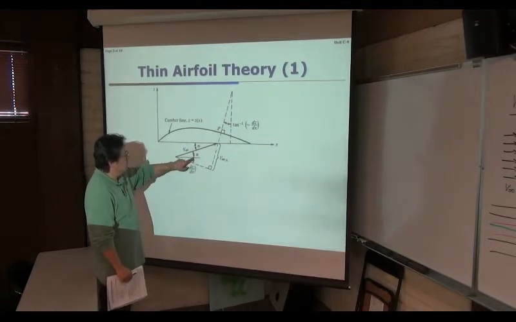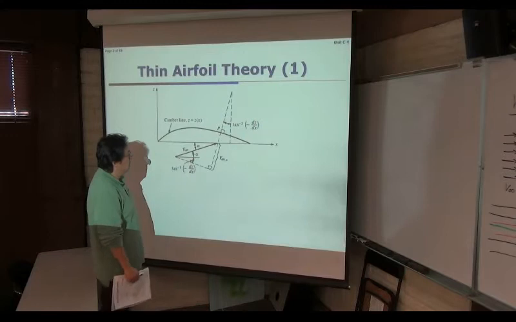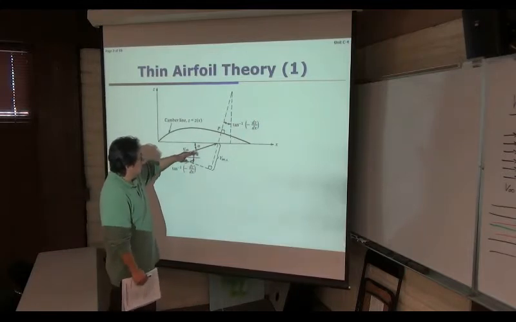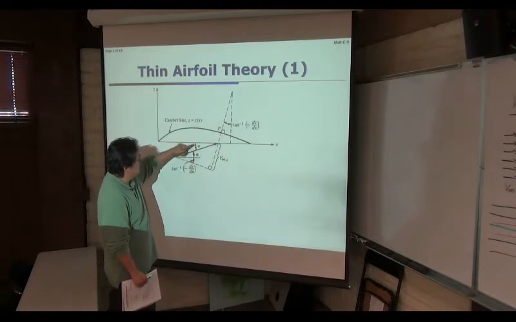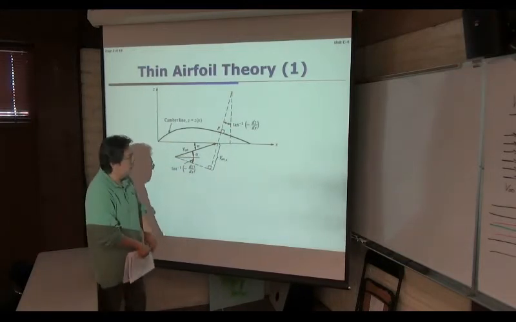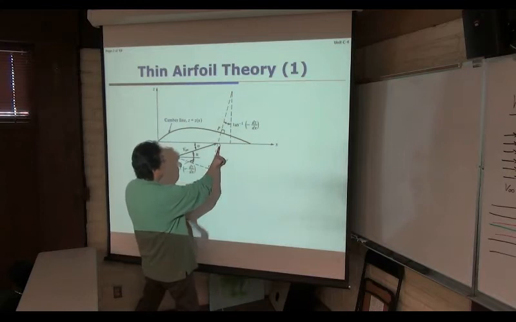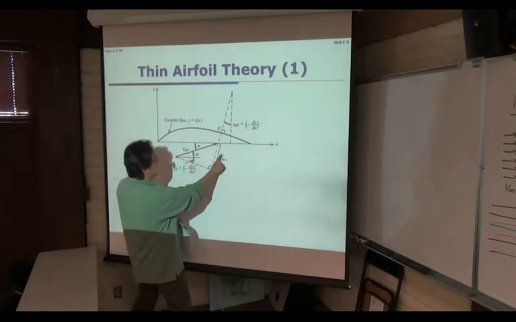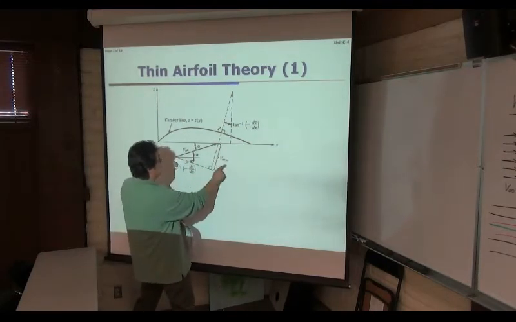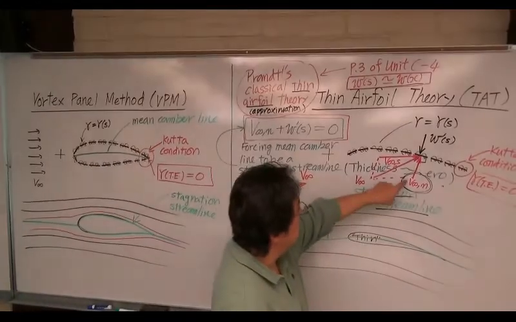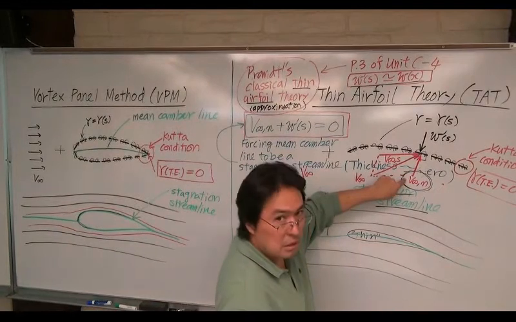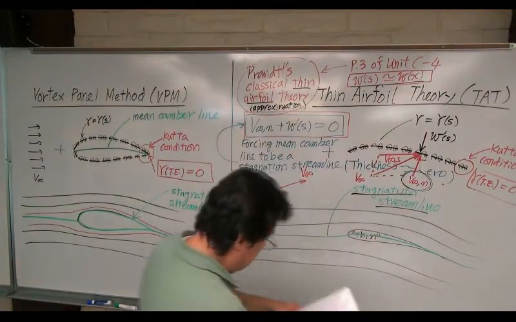This is alpha, by the way, the angle of attack of the incoming V infinity. So what I'm trying to find is the perpendicular component of this V infinity, called V infinity n. Let's go back here. That's what I'm talking about, this V infinity n. So how can we represent this V infinity n?